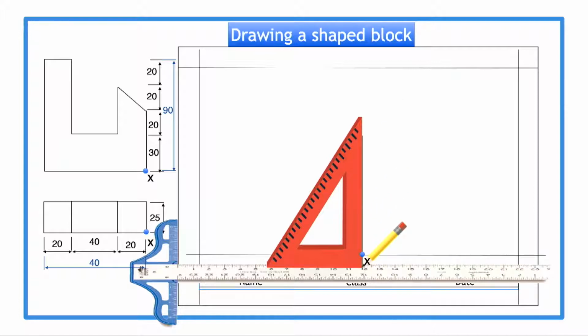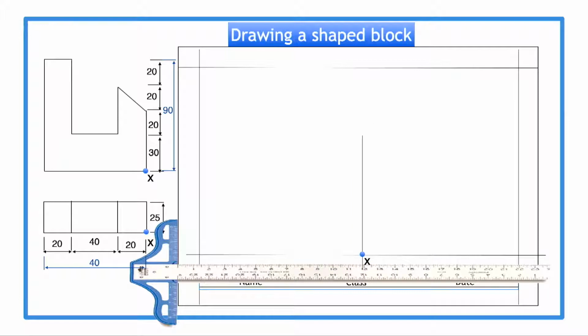We mark off the height of 90 millimeters on this edge, and on the horizontal line, we mark the width of 40 millimeters, through which we are going to draw a vertical and horizontal line for the front face of the crate.